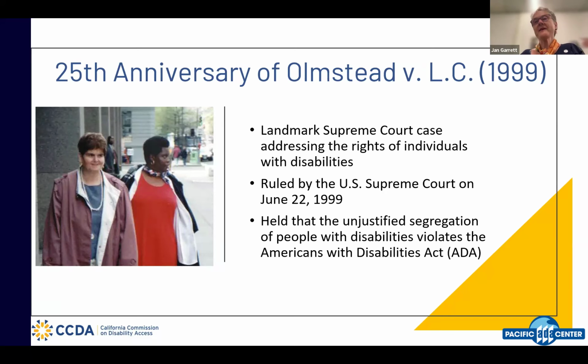So what that essentially said to states is that you need to come up with Olmstead plans, plans that say we're going to put a lot of money into people living in the community and into the supports people might need to live in the community, instead of putting all our money toward nursing homes and mental health institutions and developmental disability institutions, etc. So Olmstead is a really key decision. And as we celebrate the 34th anniversary of the ADA, we now celebrate the 25th anniversary of Olmstead as well, so that people with disabilities do have the right to live in their communities.